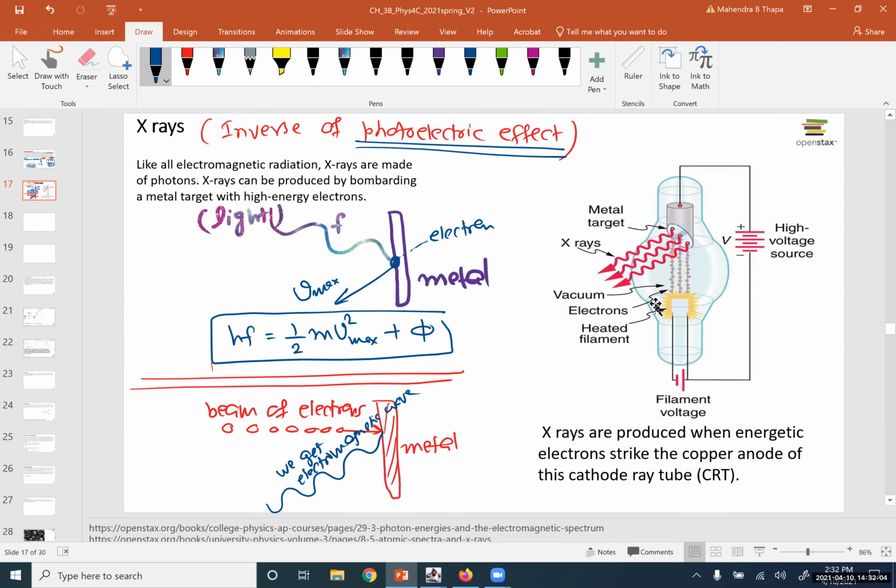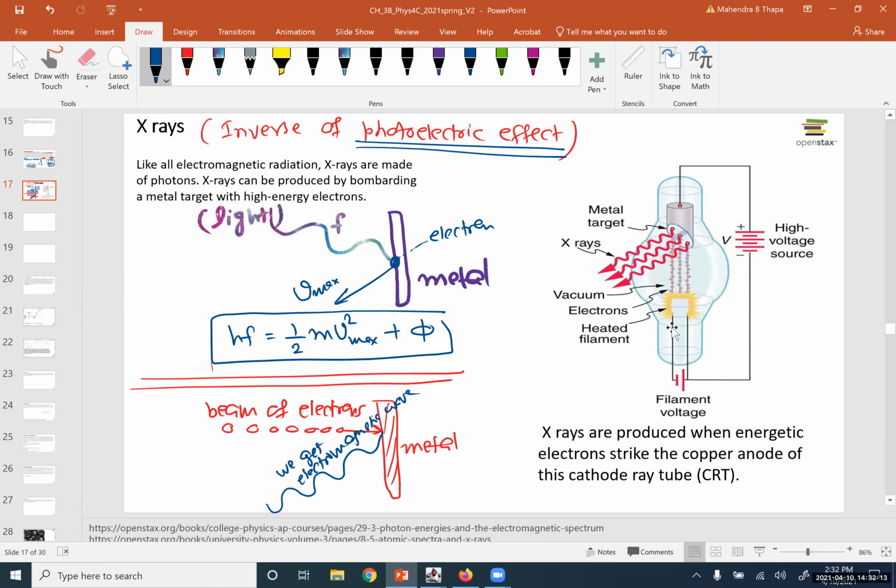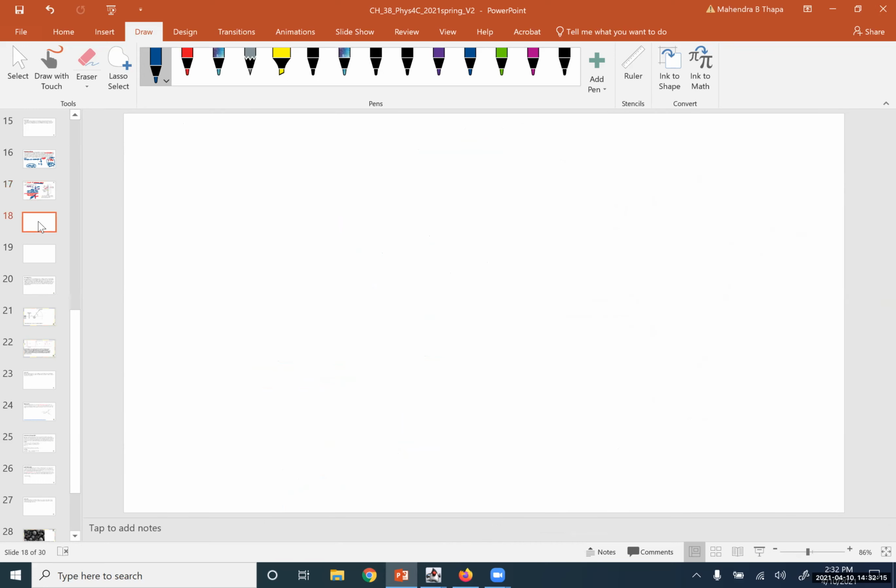If you see the picture over here, this is the filament, which is heated by a battery. If you heat it, electrons will come out.